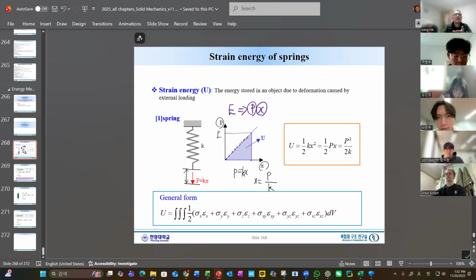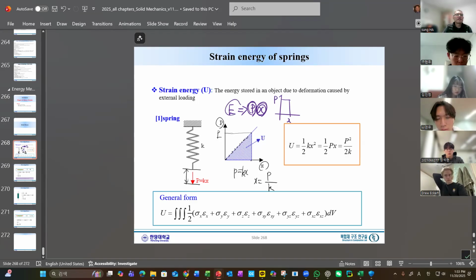But when we define this, we should remember that P is already there, and then we apply the x, meaning that P times x is what we are applying, P and x.